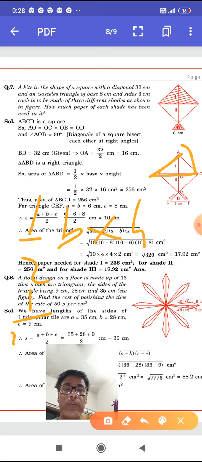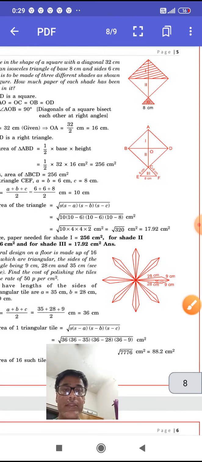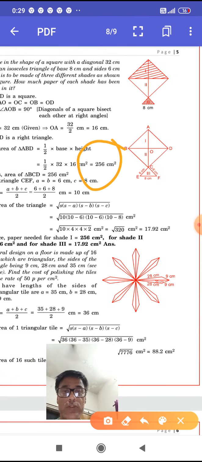The base is 32 and the height is 16. What we will get here is 256 centimeter square.